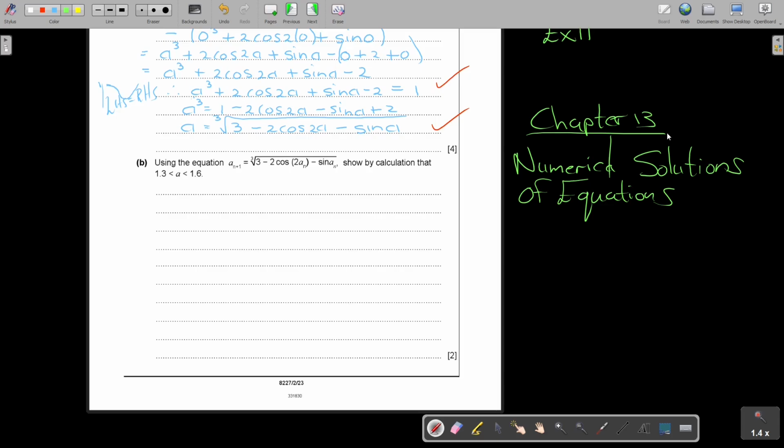Okay. So basically, now I want to show that it's a root. So what example will help me? If you go there to page 559, example 7. It's there where we do the change of sign. As soon as there's a change of sign, we know that the root is there. Okay.